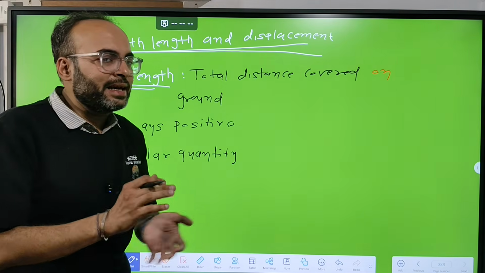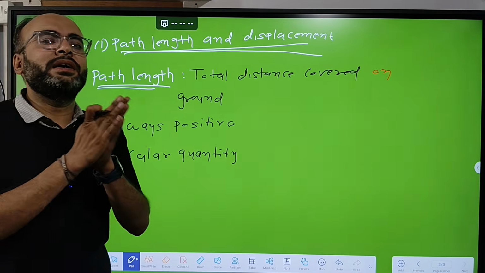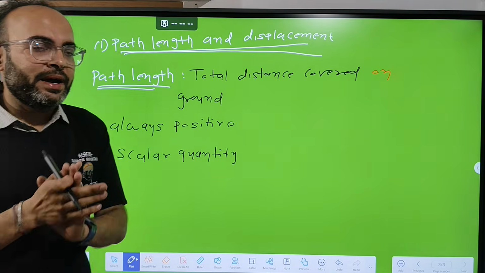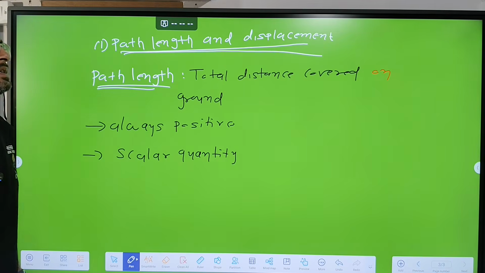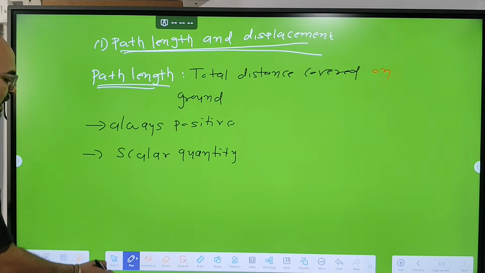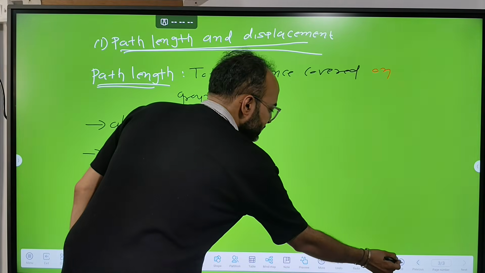Now, what is the meaning of scalar quantity? Scalar quantity requires only magnitude. Direction is not required. So path length means total distance covered on ground, always positive, and it is a scalar quantity.